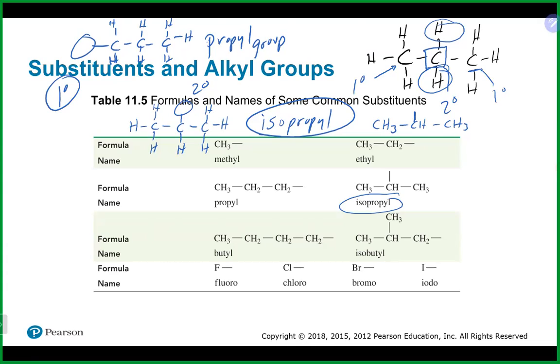But again, if you see something like T-butyl, it means that it's attaching through the tertiary carbon in that butane group. There's also one called sec-butyl, which would be attaching through the secondary carbon. So there are some names that come from how those groups attach. But if you're just simply taking off an end carbon's hydrogen, and that's how it's attaching, you basically just take the alkane name and put YL at the end of it.